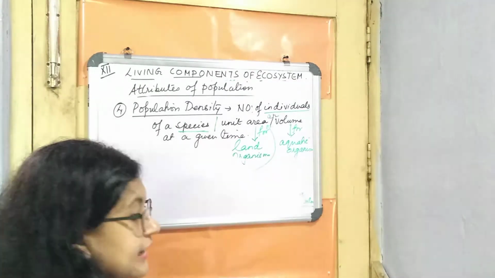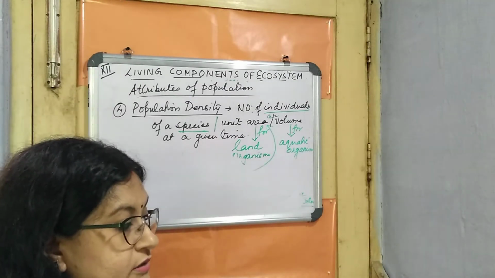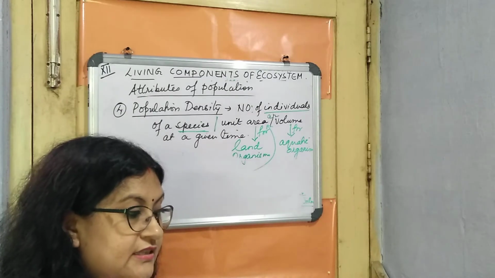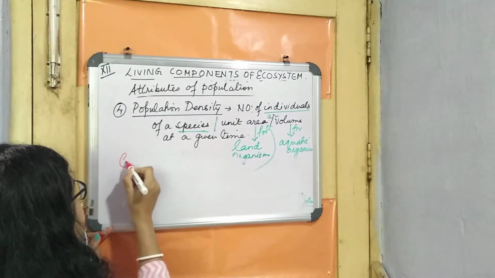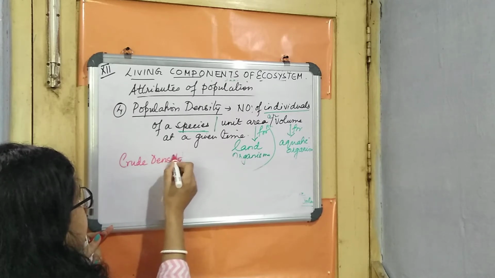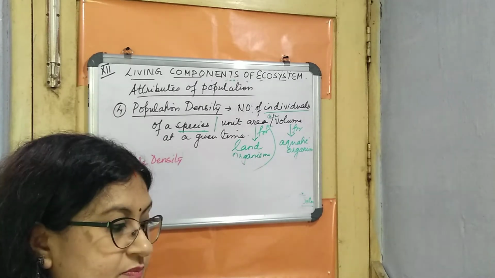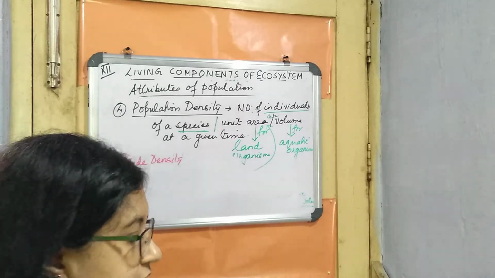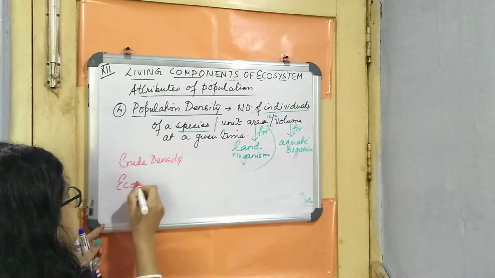Followed by that, I will explain the two ways of expressing the density. One is the crude density. Please remember the technical terms here. And another one is the ecological density.